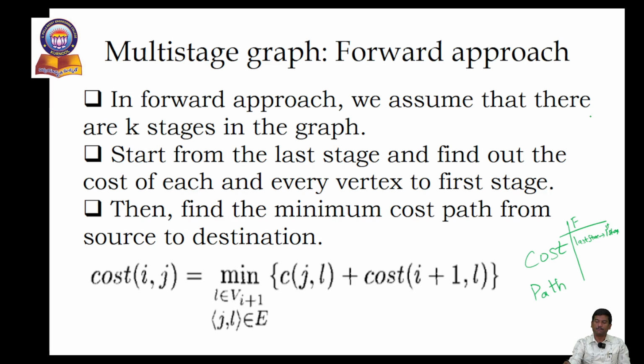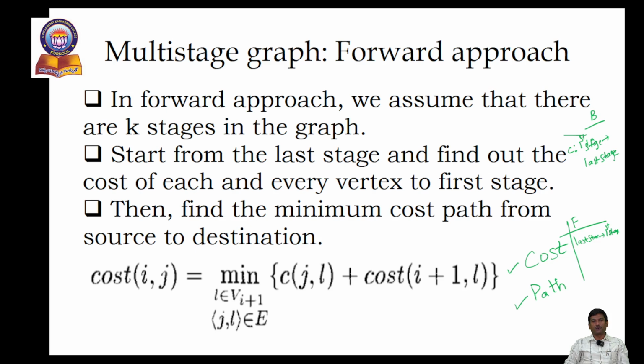Whereas in the case of the backward approach, the cost has to be calculated starting from the first stage till the last stage. So as I mentioned, there are two approaches, the forward approach as well as the backward approach, and there are two parameters associated, that is cost as well as the path.